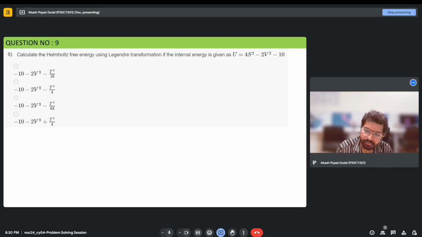I will give a hint for this question. It's not a hint, this question has some problem with it. You just don't calculate it. You just find out what is the problem associated with the question. It's a wrong question.